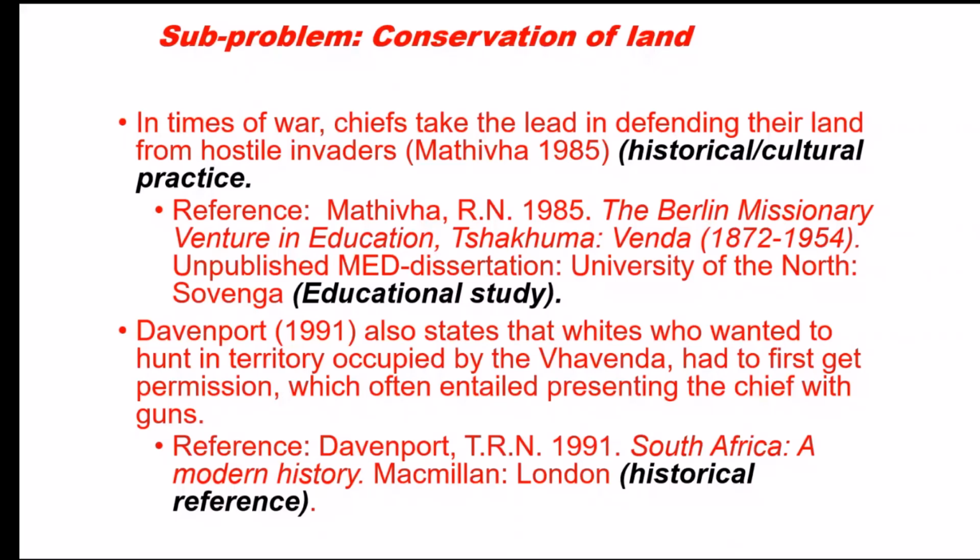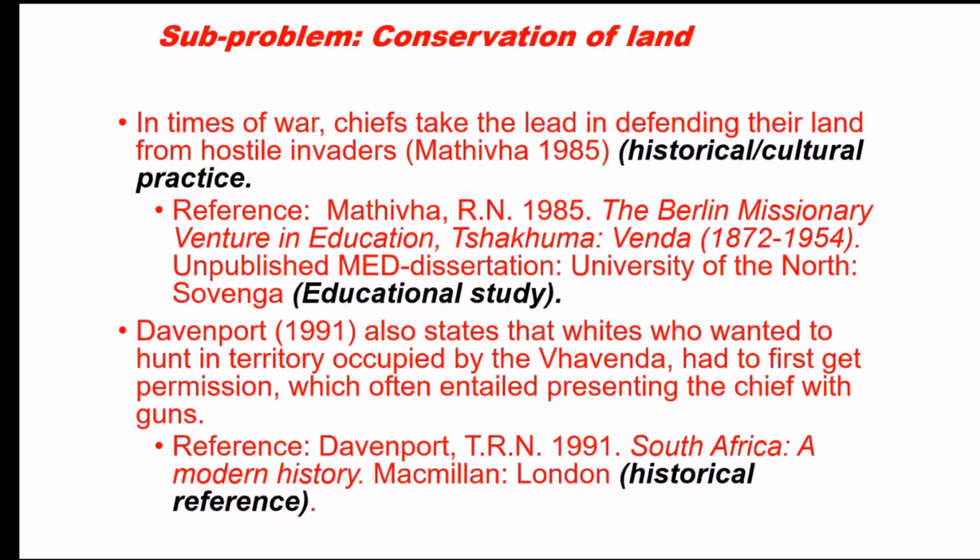And here is Davenport, who wrote a history book. What we took from him is that Davenport in 1991 also states that whites who wanted to hunt in the territory occupied by the Venda had to first get permission, which often entailed presenting the chief with guns.